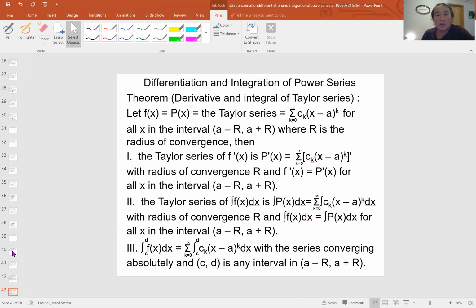So here's where we really talk about examples of non-elementary functions. Read these particular statements. Basically they tell you can take the derivative of a power series and take the integral of a power series. This is the relationship between derivatives and integrals.